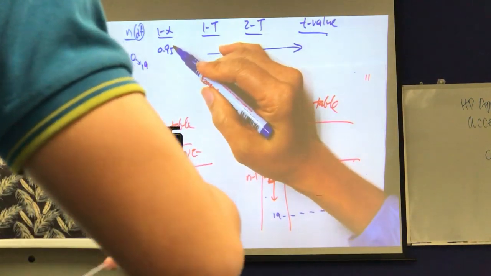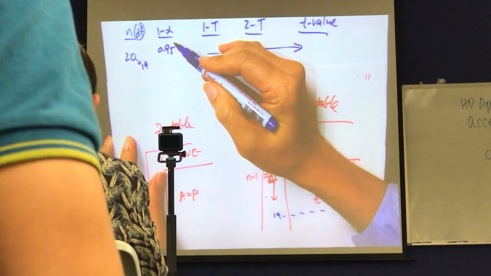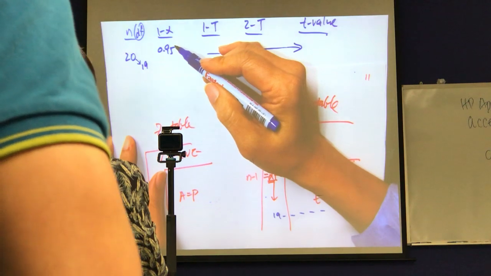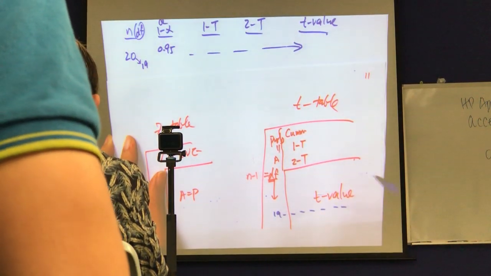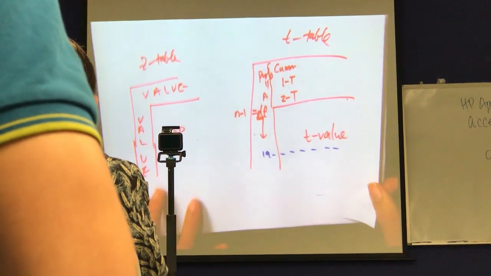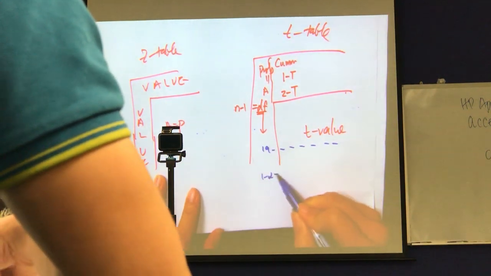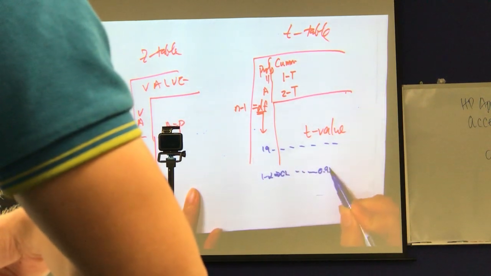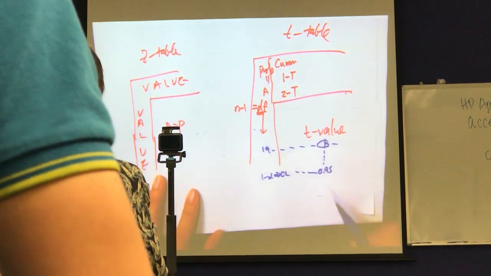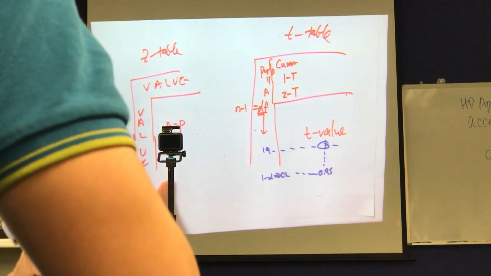What's 1 minus alpha? We learned just now that 1 minus alpha is the confidence level. So where's the confidence level? Right below here. Look for 0.95. Look up here, and that is the number that we are looking for.